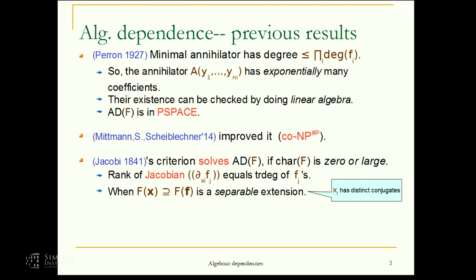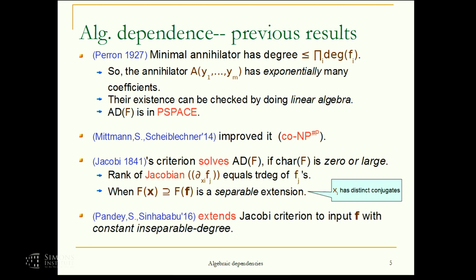Separability just means that these variables xi have distinct conjugates. When you look at xi over this field, the conjugates in the minimal polynomial are distinct. As long as that happens, the criterion works. And there is a result that extends this criterion to limited inseparability.